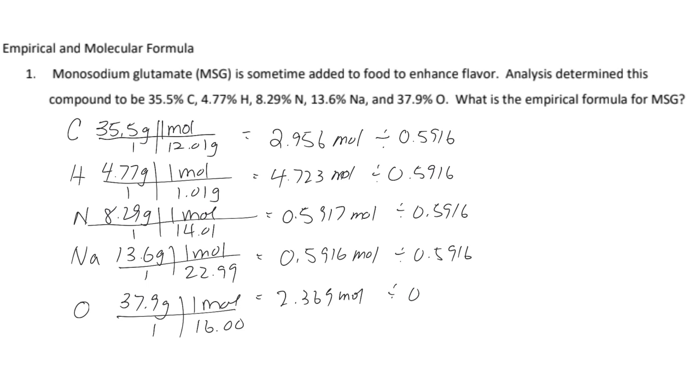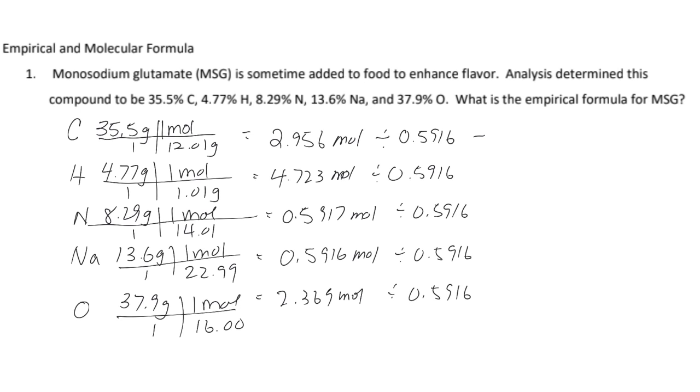It helps as you do these problems, do all the work, show all the work so your teacher can see what you're doing, and then you're likely to get full credit. Now, be careful as you do these, because if you round these values too early, you're going to get a weird mole ratio at the end. There are no significant figures with these problems because you spit out a chemical formula at the end. So you can report as many digits as you want, and that does help at the end.